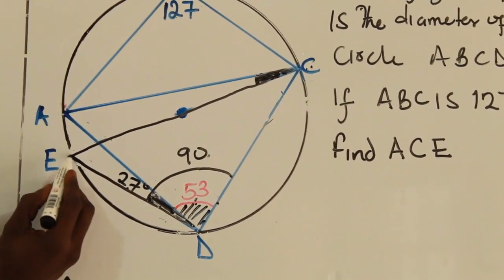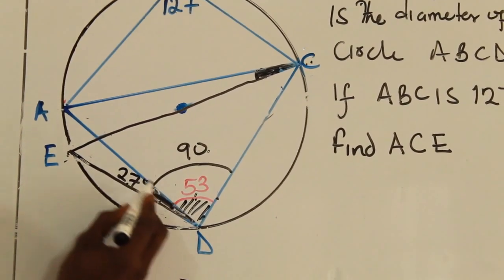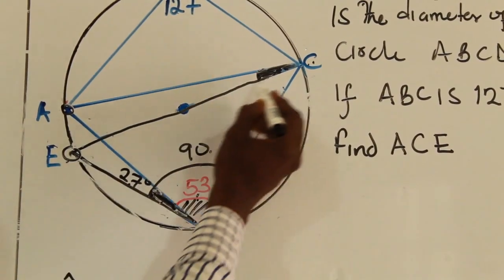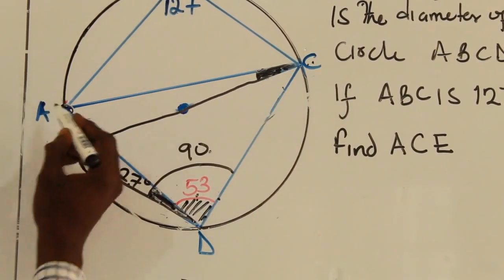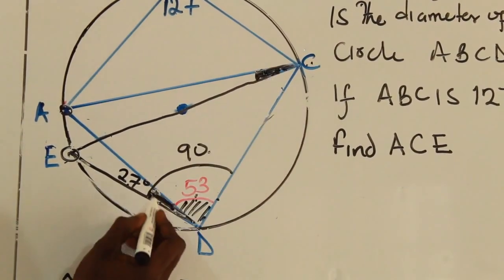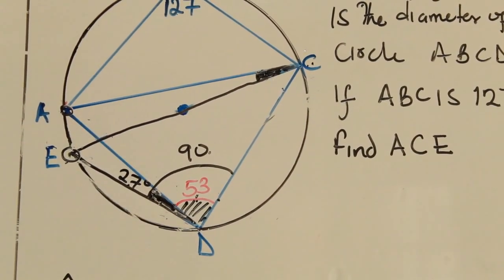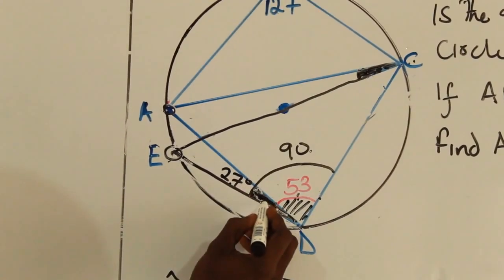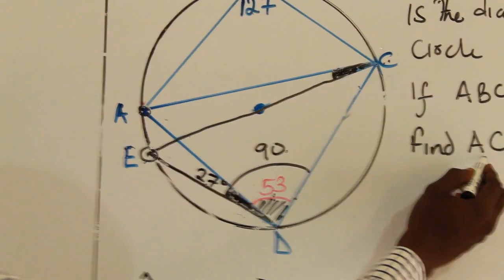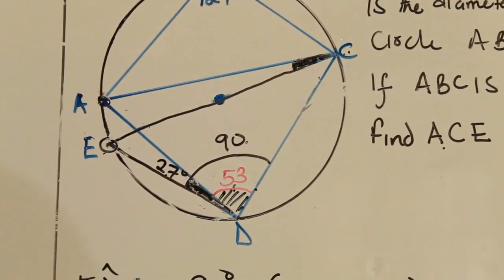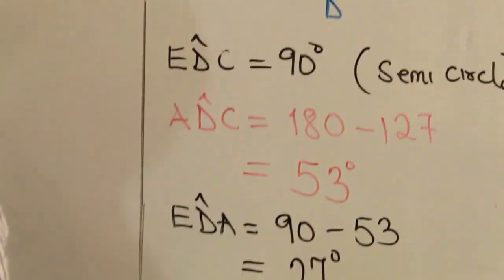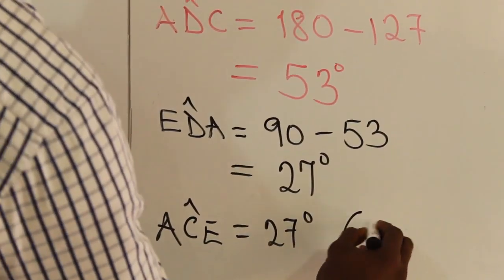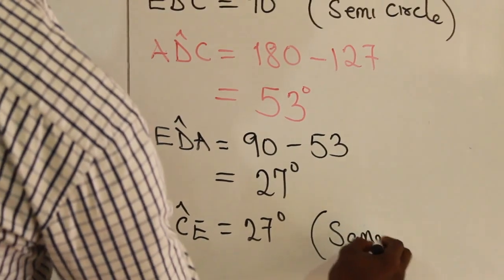A line is drawn from here to one end of the circumference and back to this point, and another line is also drawn from here to the other end of the circumference and back to this point. So the angle formed here is in the same segment as the angle formed here. Therefore, the angle formed here is equal to the angle formed here. And that is what we were asked to find. Angle ACE is now equal to 27 degrees. And the reason is same segment.